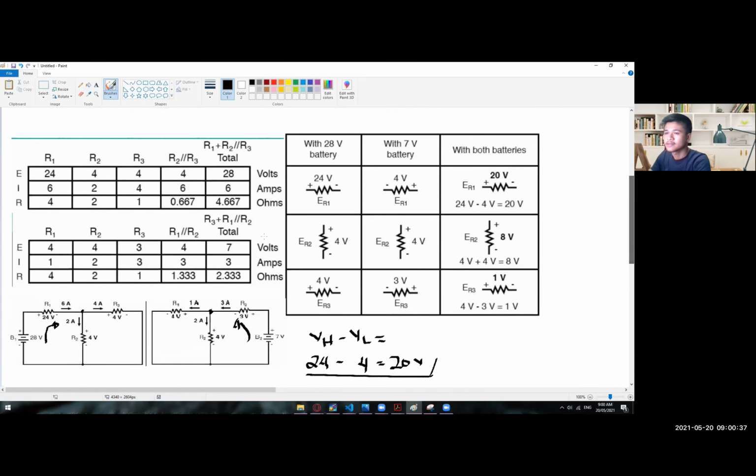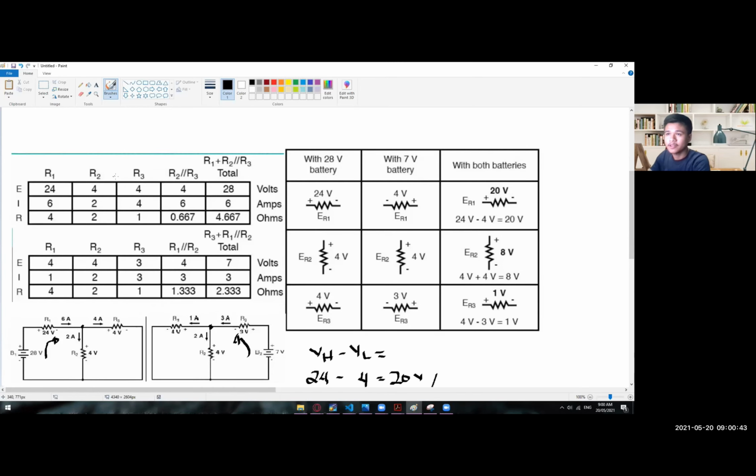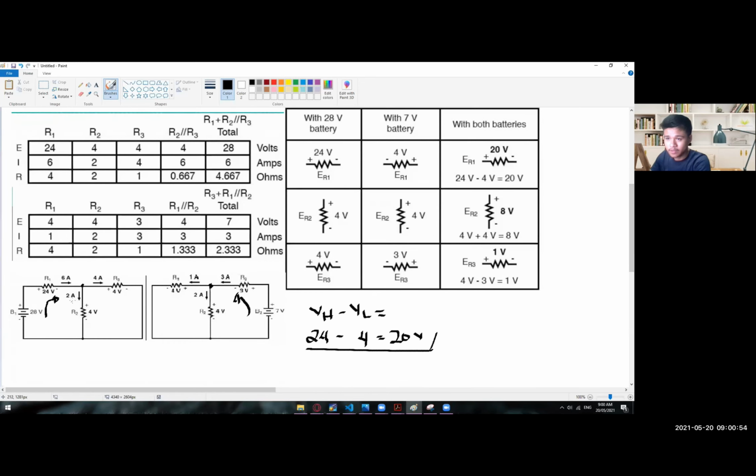The same goes for R2 and R3. For R2, we have 4 volts, and for the other R2, we still have 4 volts. But if you take a look at our current, on the left side we have this current flowing right here, and on the right side we have this current flowing right here.